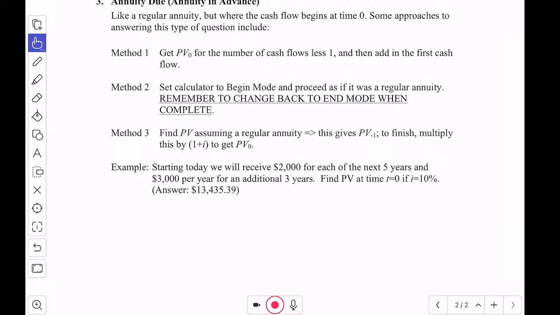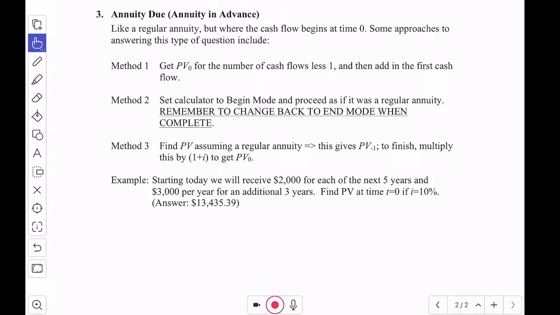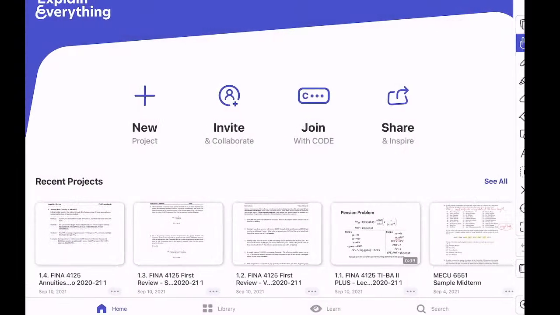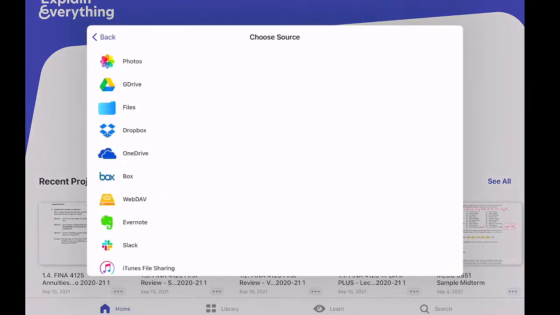Yes, stock valuation will be on the exam. So no questions about the annuity due solutions. What about this one?